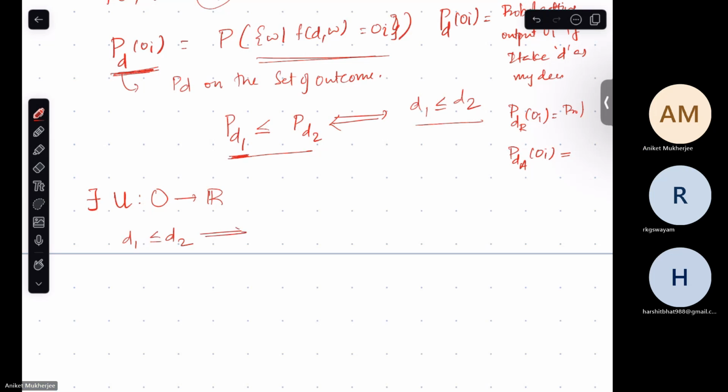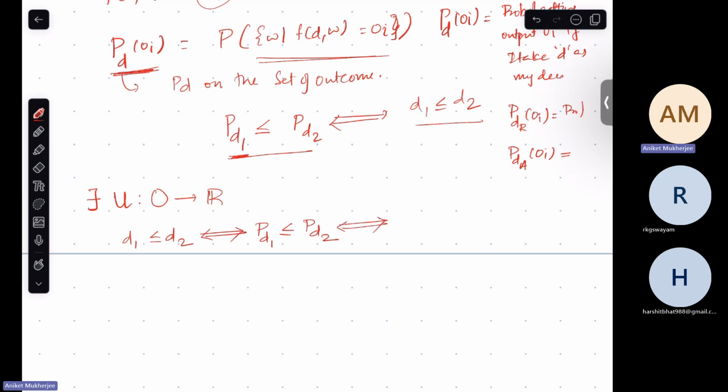Then this implies the probability distribution of D1 is less than or equal to the probability distribution of D2. So all those outcomes which have better value would occur in D2 more than in D1. Those probabilities would be higher in D2 than in D1, right?